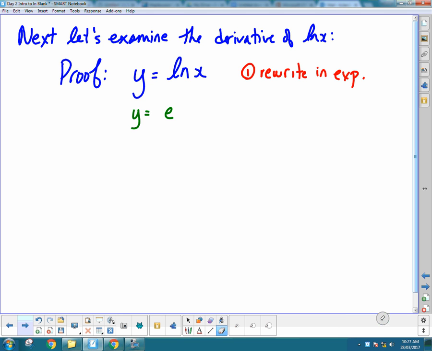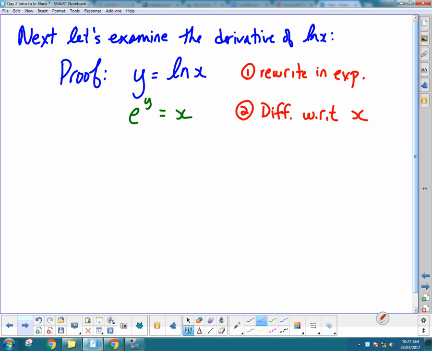The base is e, the exponent is y, and the answer is x. And this I can actually differentiate. So I'm going to differentiate with respect to x. I have to do a little bit of implicit differentiation.